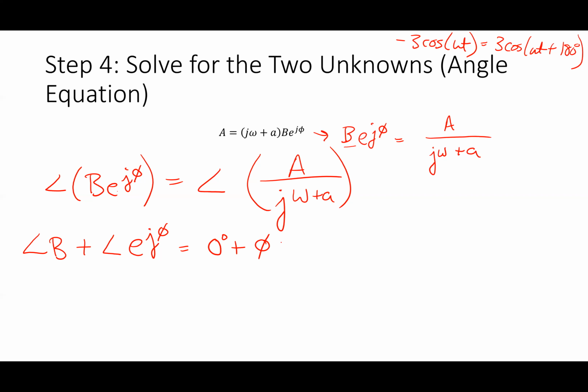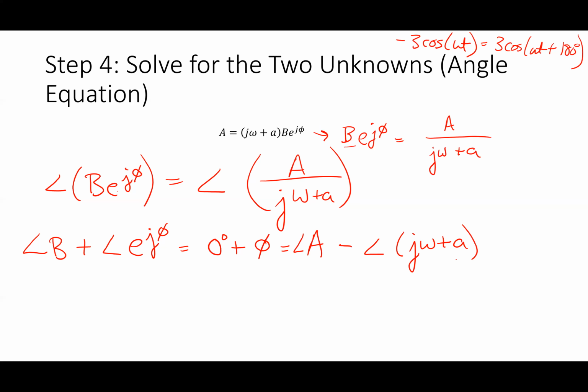Okay. What about this guy? Angle of A divided by j omega plus little a. That's going to be the angle of A. What about on the bottom there? So what do I do with that? Do I add those angles? Angle of A and the angle of the thing on the bottom? Subtract. So it's minus the angle of j omega plus little a.